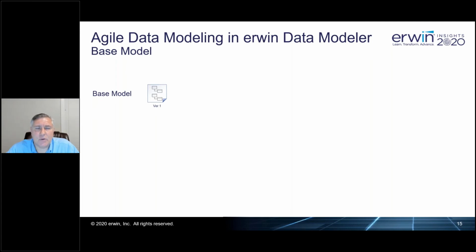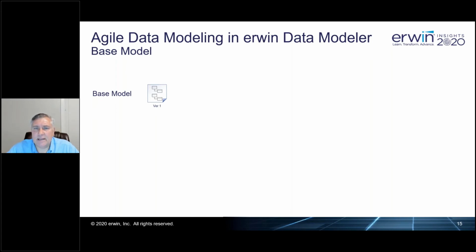Now, traditionally, when we start with an Agile data model, let's say we are fortunate enough to start right at the beginning of our Agile life cycle, and we can start introducing a base model. The base model must have no entities, no attributes in it. But our base model must probably be built through templates, incorporating our modeling standards.